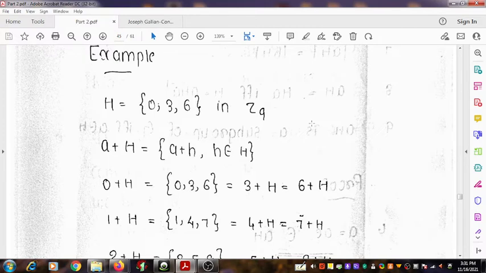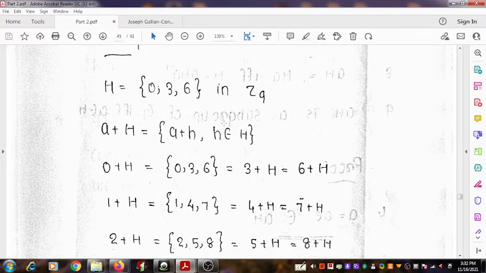So the sum i plus j is divided by 9 to obtain the remainder. And that remainder will be the answer, and that will be a quantity which is less than 9, maybe 0. Okay, that's about the group Z9.